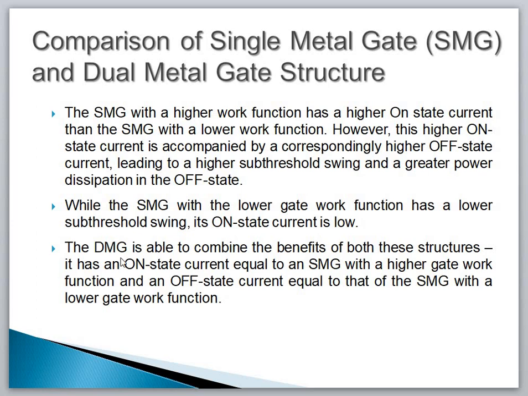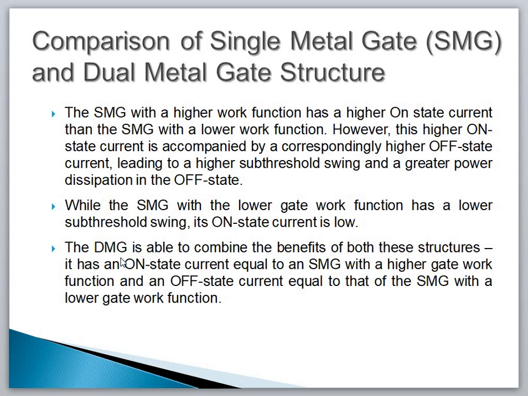While the single metal gate with the lower gate work function has a lower sub-threshold swing, its on current is low. One advantage of using a higher work function is that it will increase the on current, and another advantage of using a lower work function is that it will improve the sub-threshold swing, so the dual material gate structure is able to combine the benefits of these two structures.